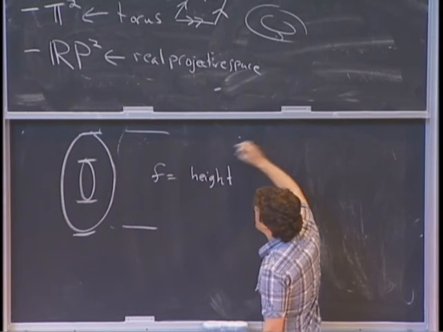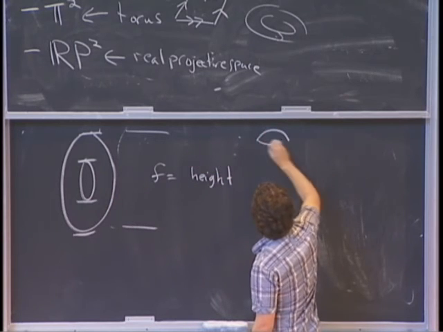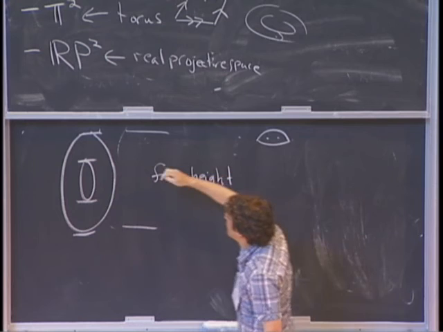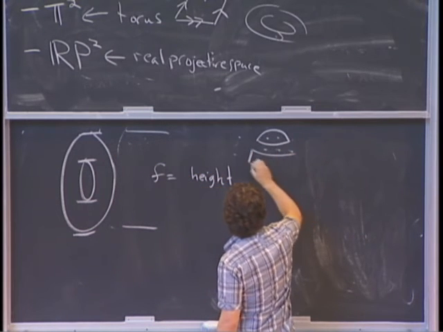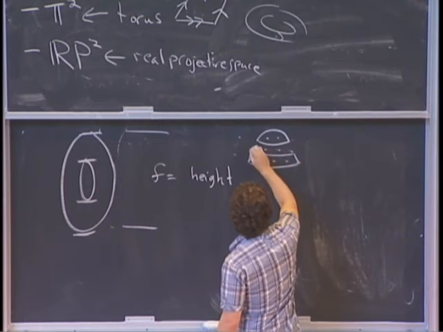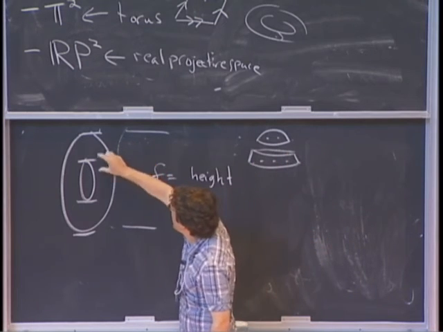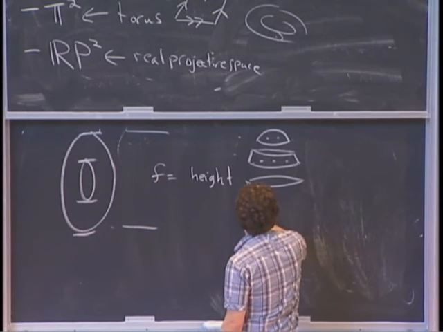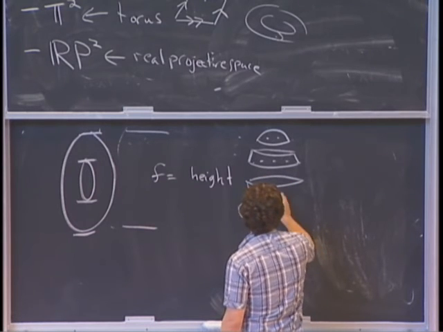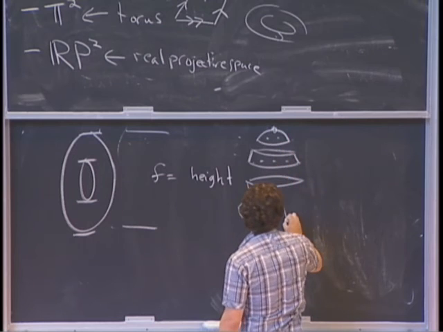As we look at the standard pieces, at the top we get this disk. Then here we get an annulus. Between here and then at this level, we get a pair of pants. Here's our critical point.